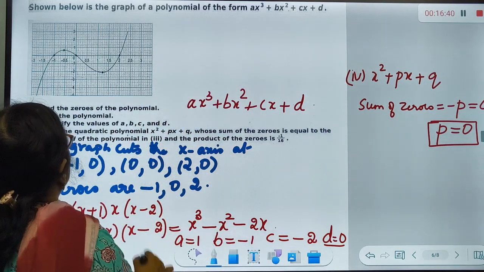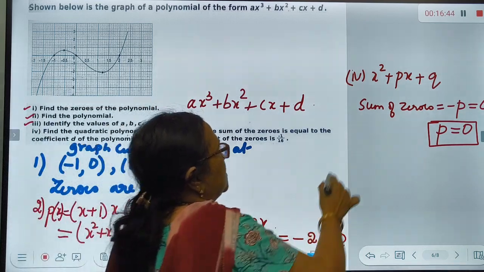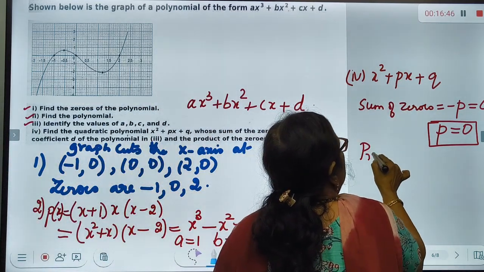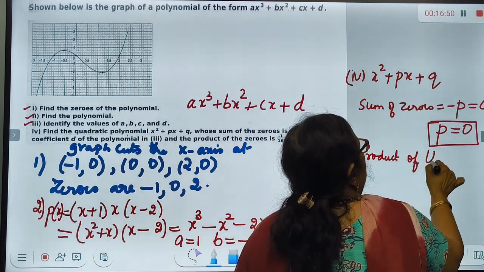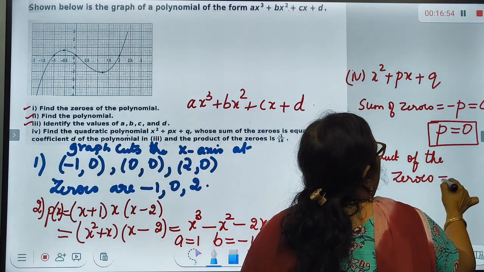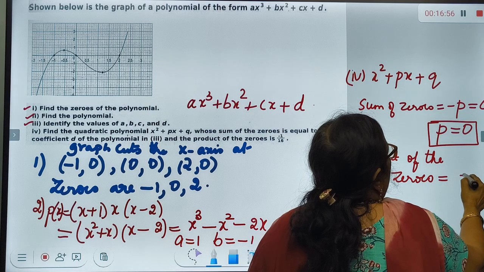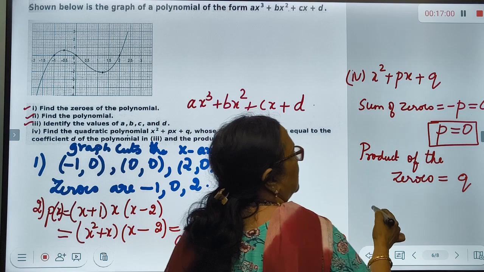Now what else is given? The product of the zeros is minus 1 by 16. What is the product of the zeros? Product of the zeros will be equal to what? c by a. So q by 1.